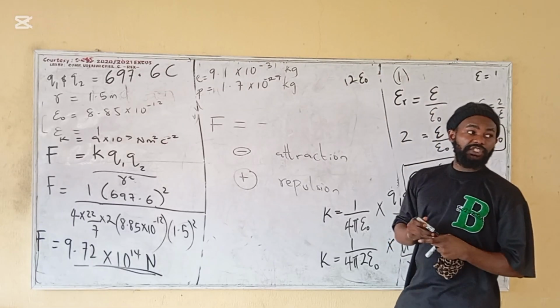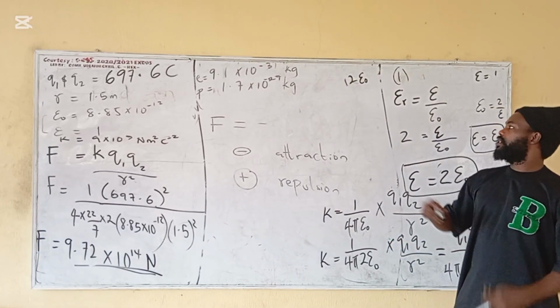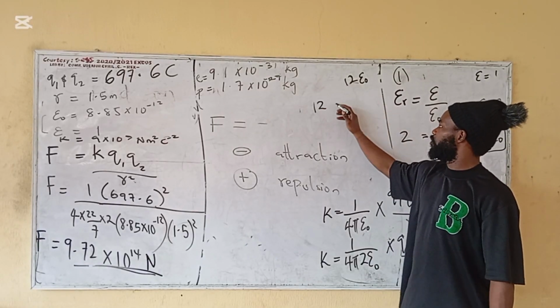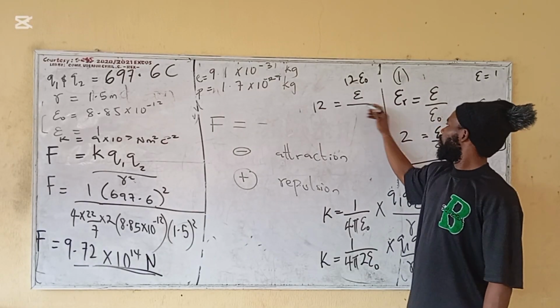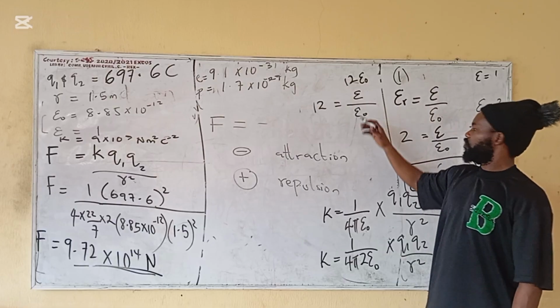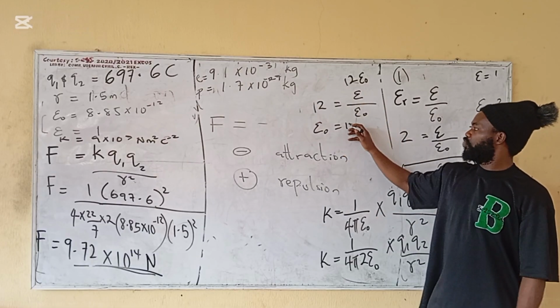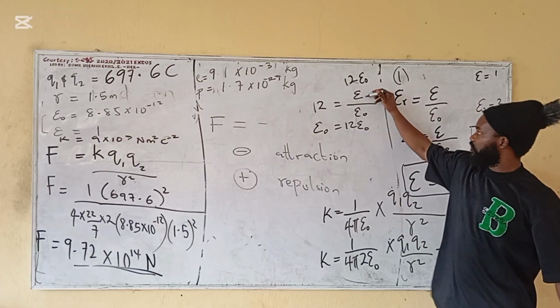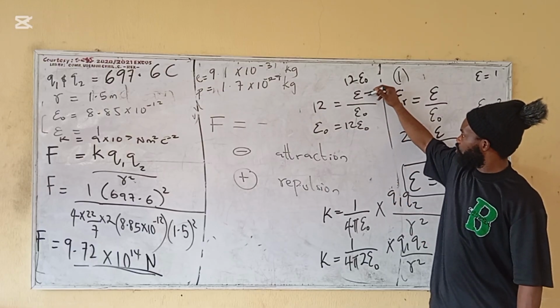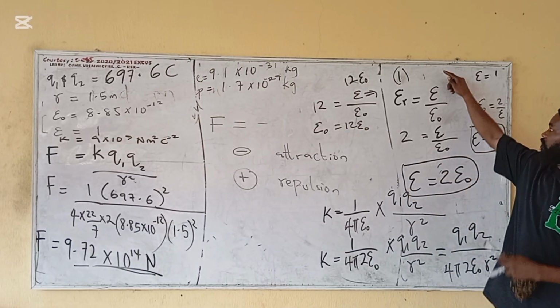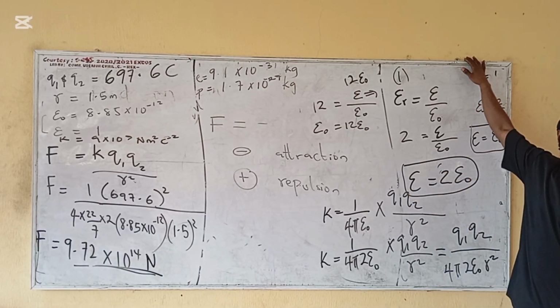Let's say they gave me a dielectric constant of 12. In that case, 12 equals E all over E naught. So by the time you make E the subject of the formula, it's going to be 12 E naught. This E on its own is always what we are trying to represent when we put K to be equal to 4 pi E naught.